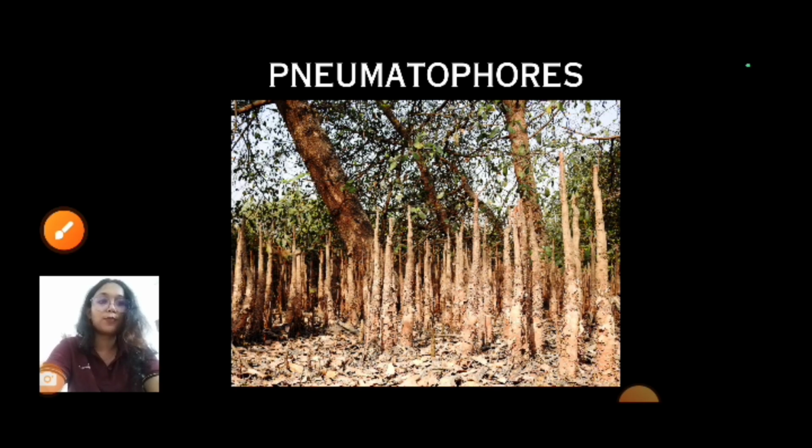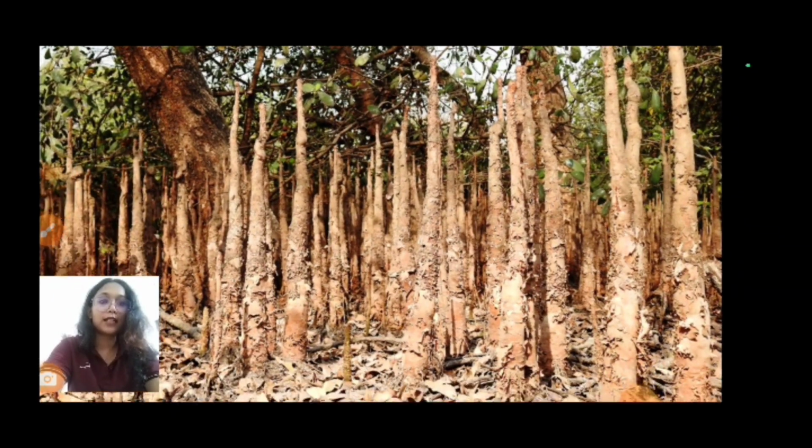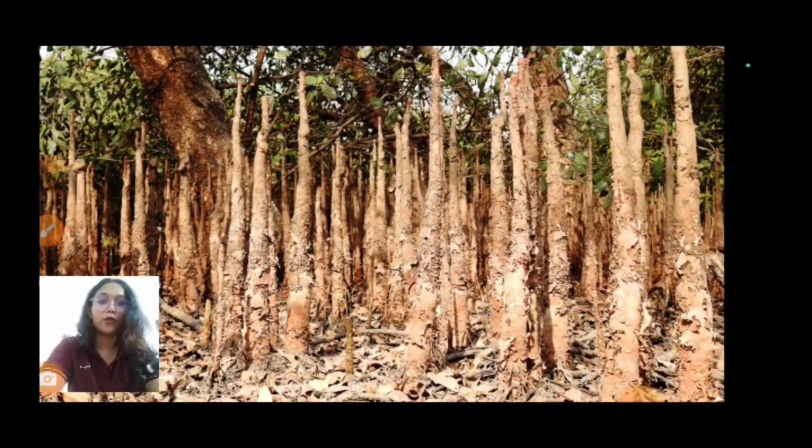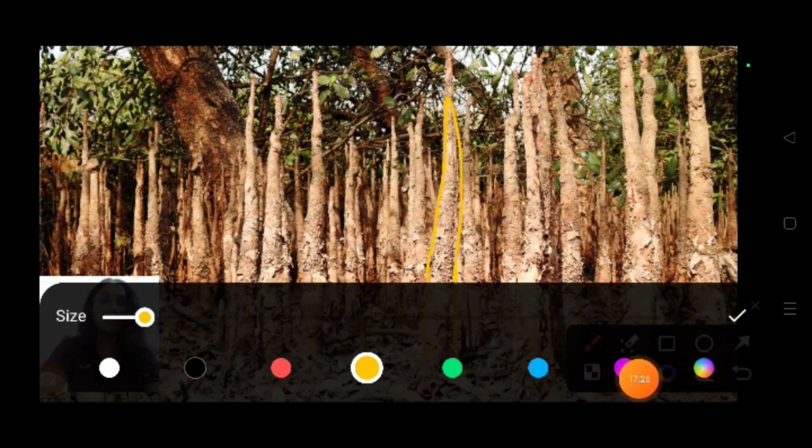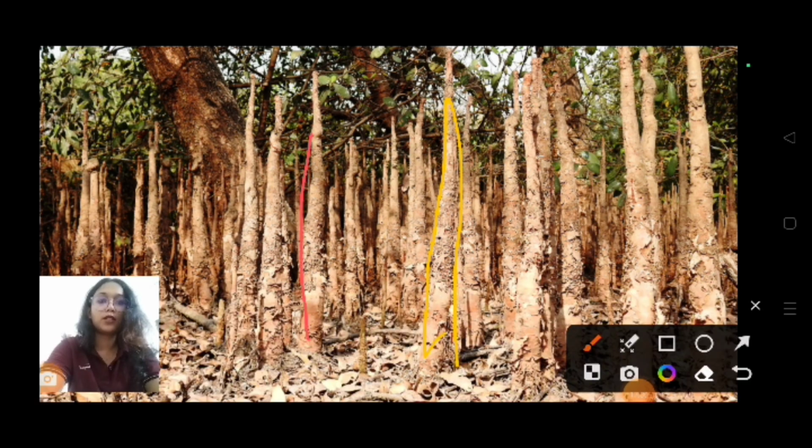So can you see in this picture? These are the root system actually, which are coming out from the ground. See this one? Root system which is coming out of the ground. This is pneumatophores. Why do they come out from the ground? Because they are surviving in swampy areas, means oxygen-less areas.